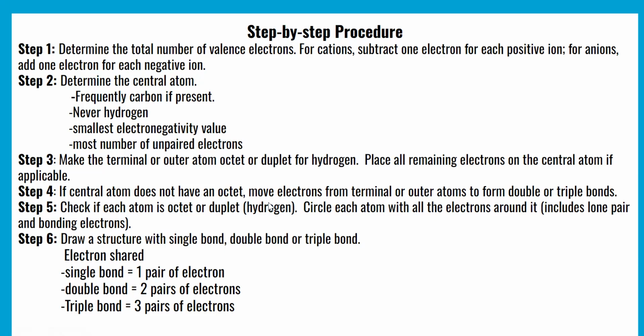Then step 5, check if each atom has an octet. Circle each atom with all the electrons around it, including lone pairs and bonding electrons. Step 6, draw the structure with single bonds, double bonds, or triple bonds. In a single bond, we share 1 pair of electrons, double bond, 2 pairs of electrons, triple bond, 3 pairs of electrons.